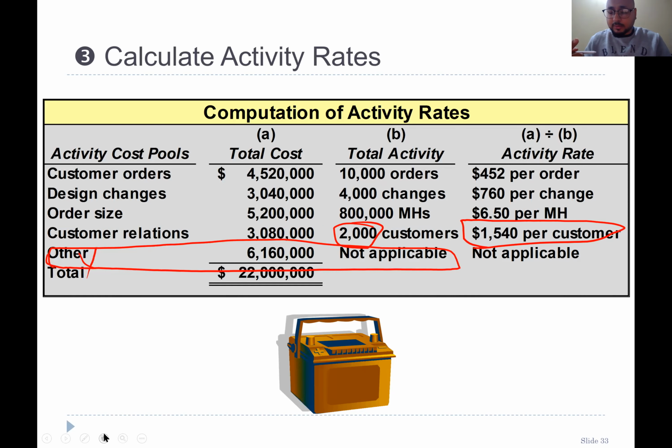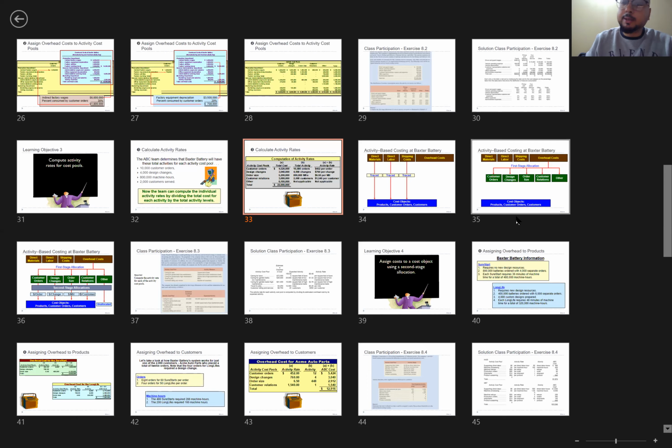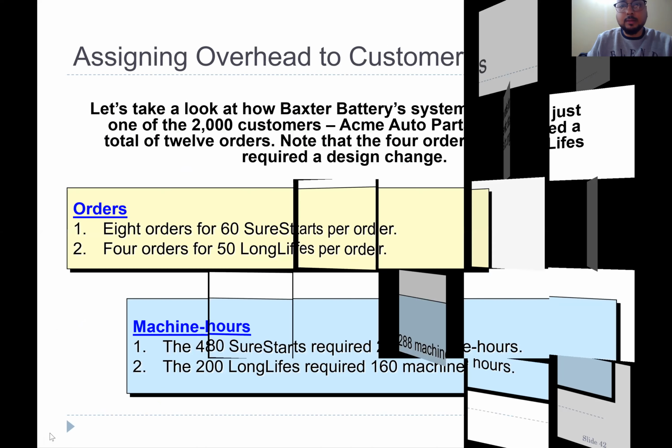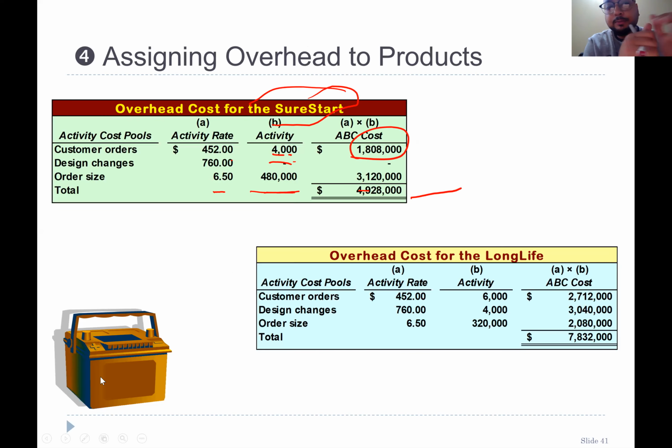Maybe only a single customer is sending us separate orders during the year, or maybe they are different. We are not given how many customers send us orders, so we don't maintain a special customer relationship over there. That's why in short start and in long life we are not considering the customers.